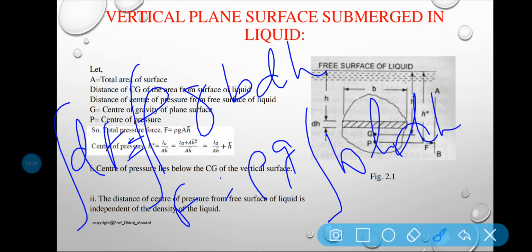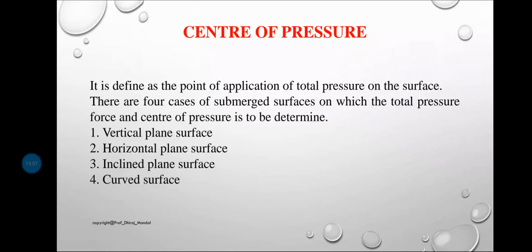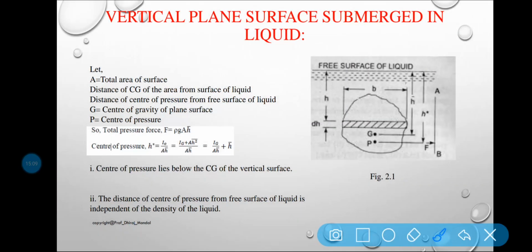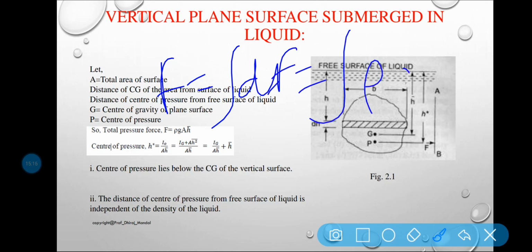Here H is the variable, and B into dH is dA, the small area. So F is equal to the integration of dF, which is the integration of rho g H B dH.